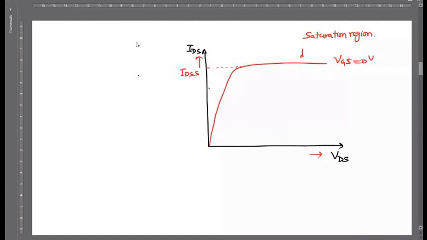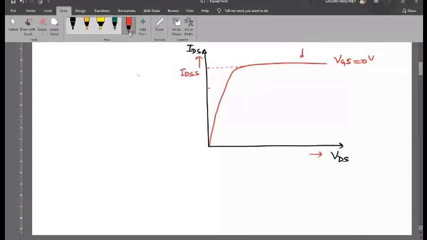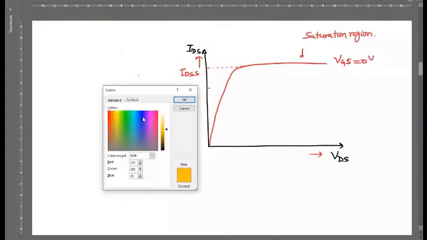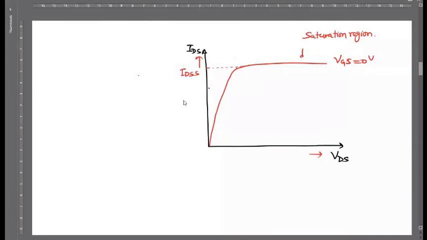Okay, and one more thing. Suppose you have started applying negative voltage. VGS equals minus 1 volt, minus 2 volt.